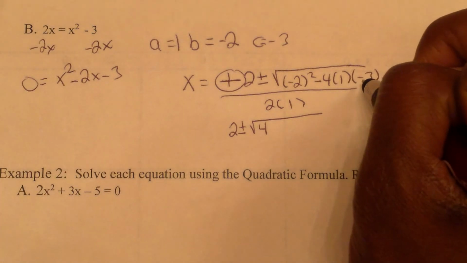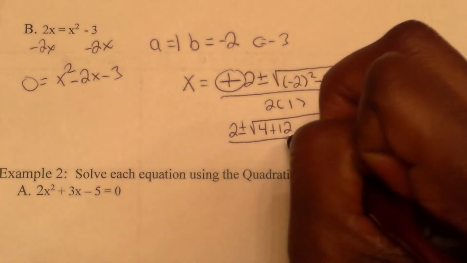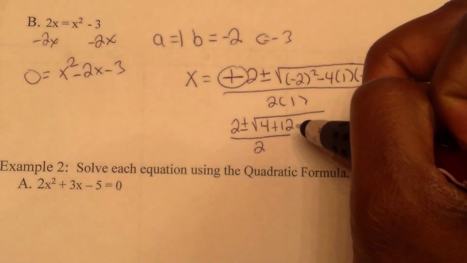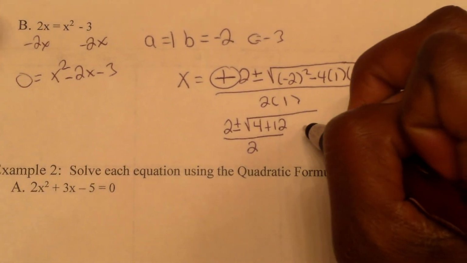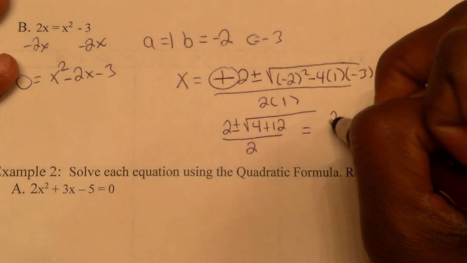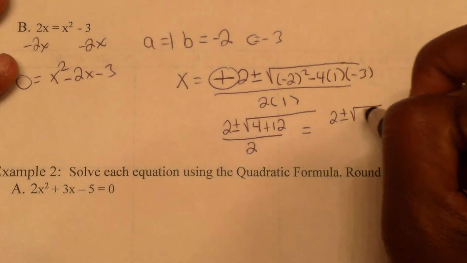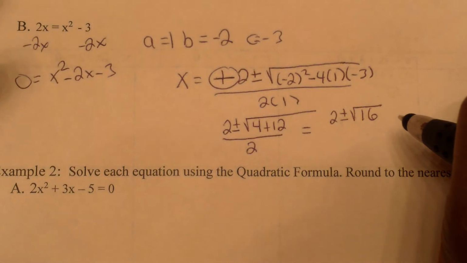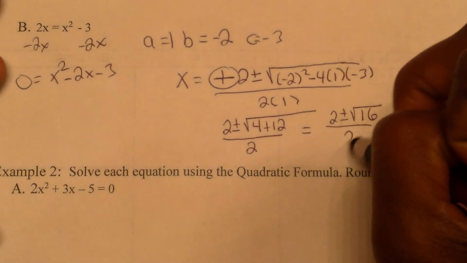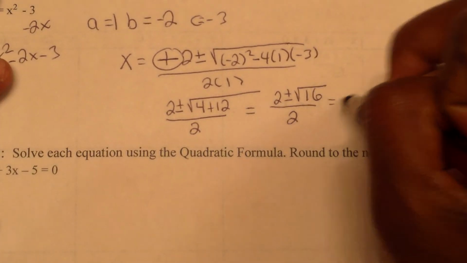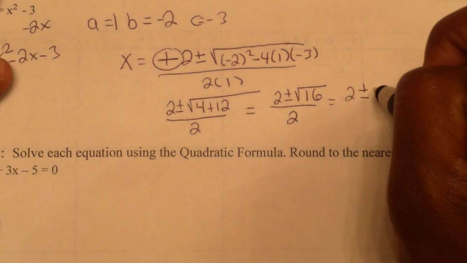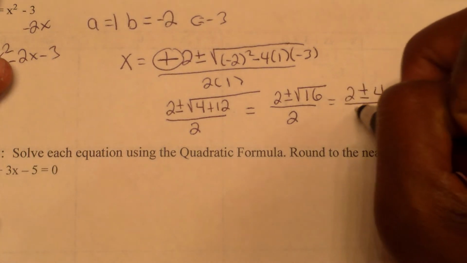Negative 4 times negative 3 is going to give us a positive 12, all over 2. 12 plus 4 is 16. Oh yeah, we got a good one. So we end up with 2 plus or minus the square root of 16, all over 2. What's the square root of 16? 4. Good job. 2 plus or minus 4 over 2.